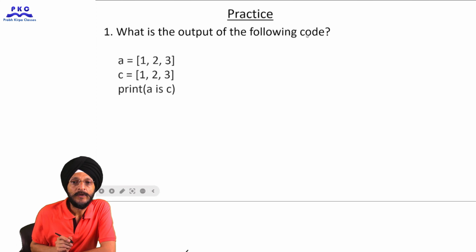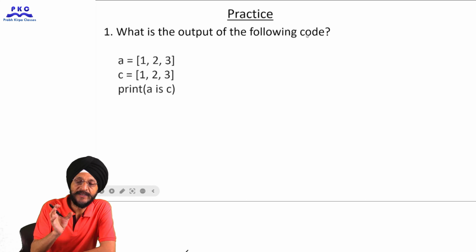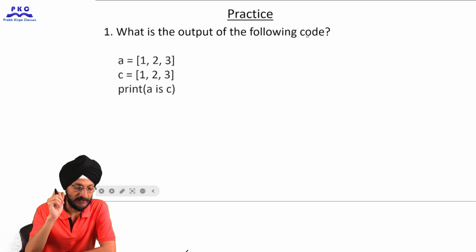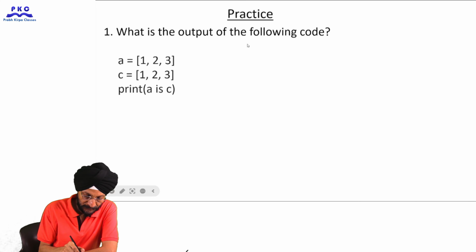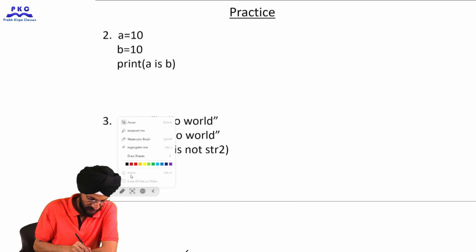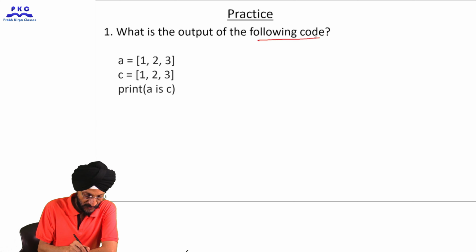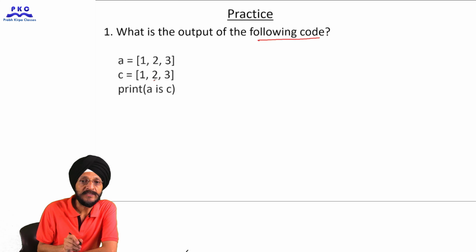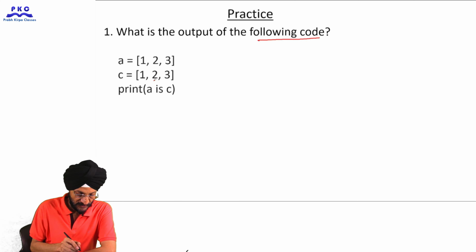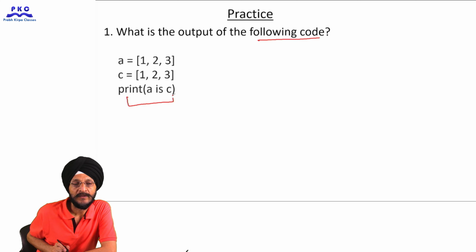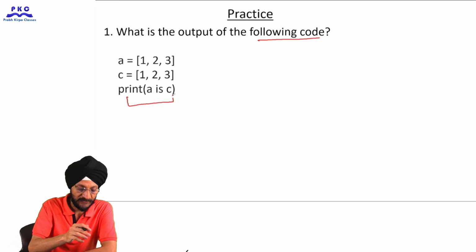Now we will do practice questions to find out how far we have been able to understand the concept of identity operators. What is the output of the following code? Here it is given A is equal to [1, 2, 3], C is equal to [1, 2, 3], and print A is C. First of all, we must understand what is given to us.